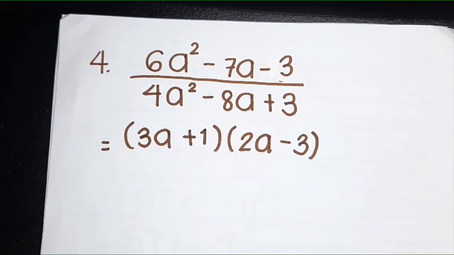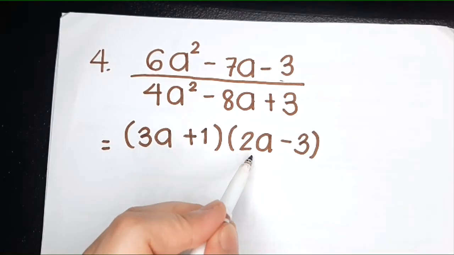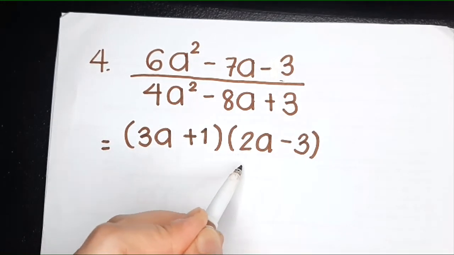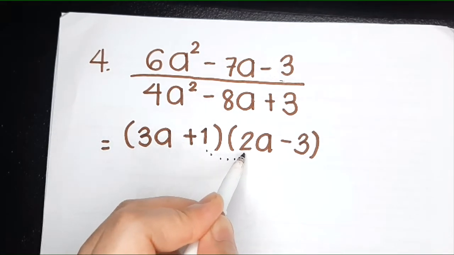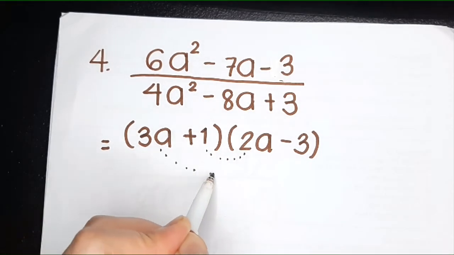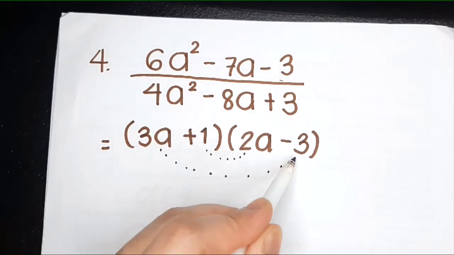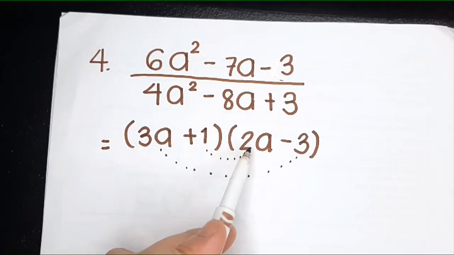And then you may want to check. Okay? You take the two smiling curves here. This one, and this is the other smiling curve. Like that. Okay, you multiply. What is 1 times 2a?